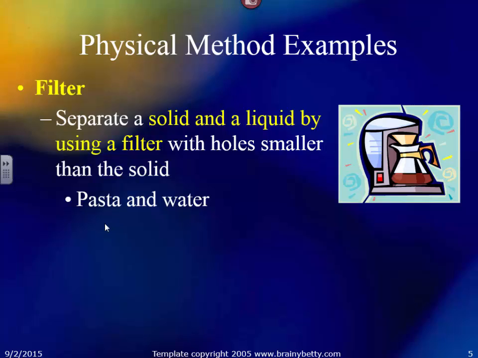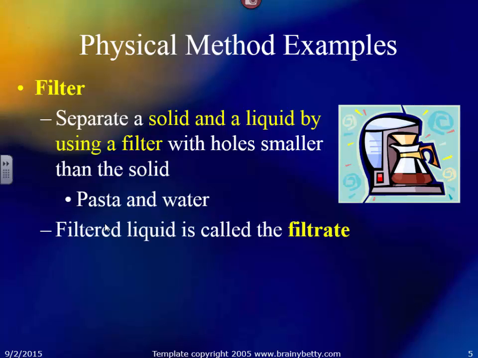Many times you'll put that into a strainer or a colander in your kitchen and you'll drain the water off. Sometimes if you have a pot with a lid, the lid actually has holes in it, so you don't have to use a separate piece of equipment, but it's still a filter. The holes let the water out and the pasta stays in. Coffee usually works as a pretty good example for some vocabulary that we need to know.